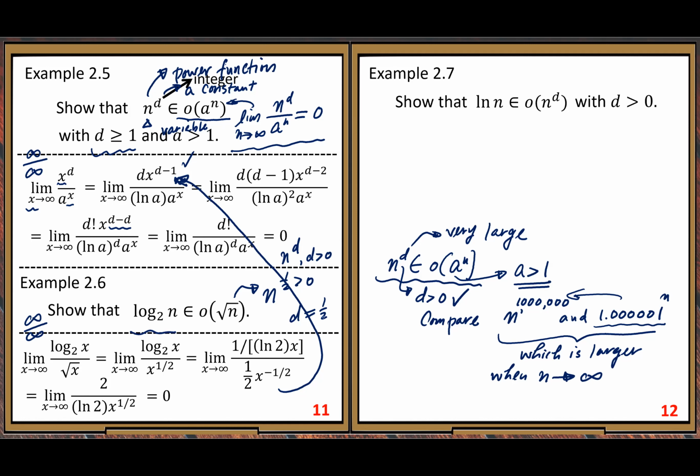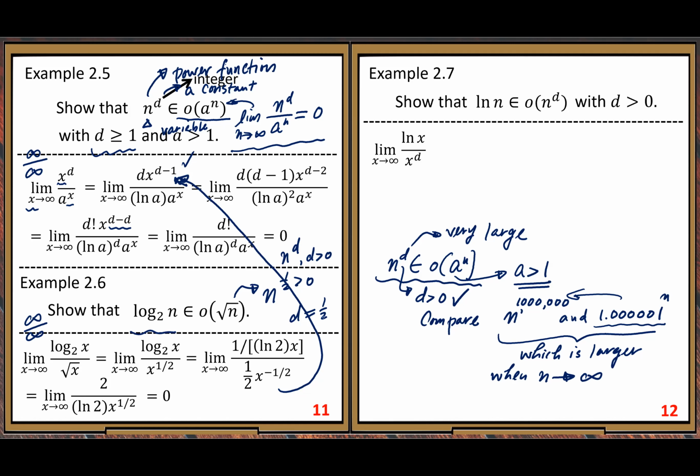Because when we compare with the log function, we do not need a large power function. We mainly consider small power functions. All right, L'Hopital's rule again.